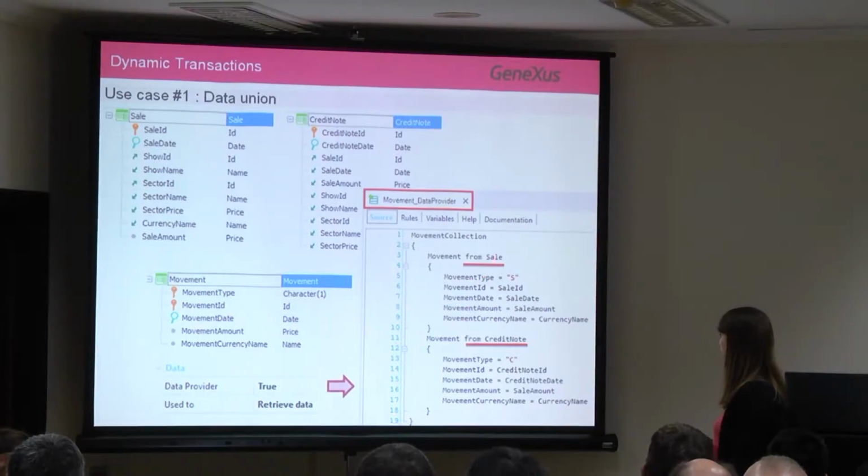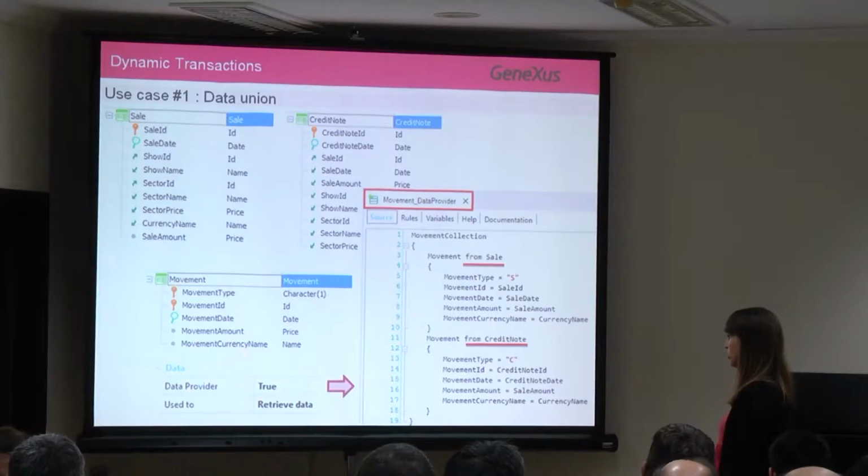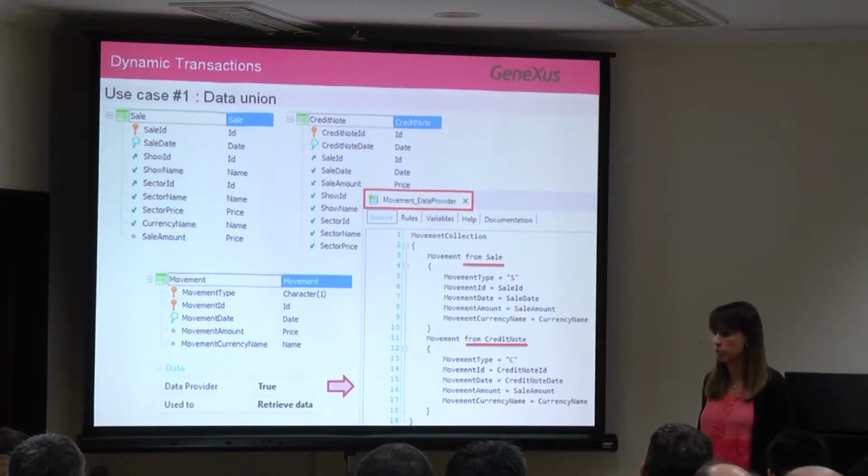That is, for each sale, I'm loading an S here, sales ID, date, amount, and the name of the currency. That's what I want to retrieve. From all the credit bills, I am loading them as a C, and all the information as well. And so I've already defined what my concept of movement is.